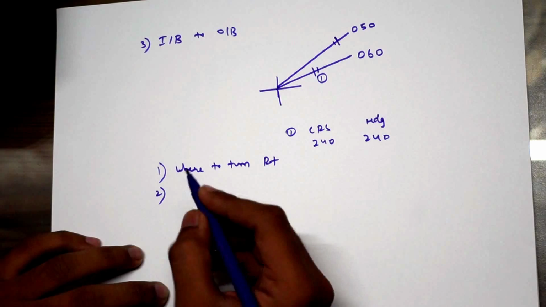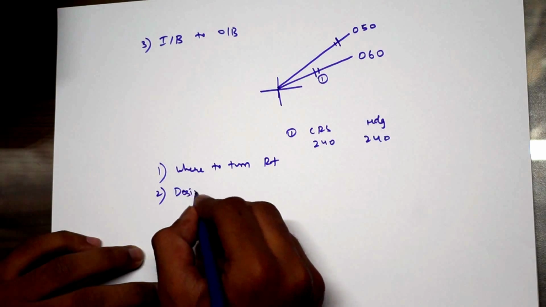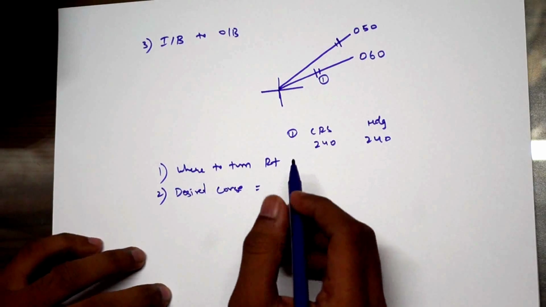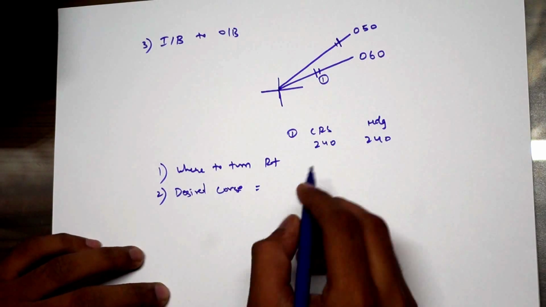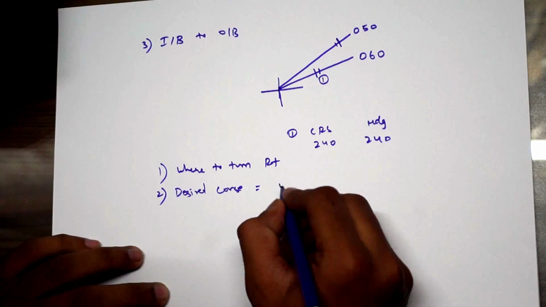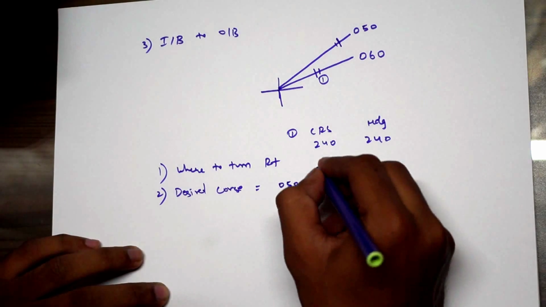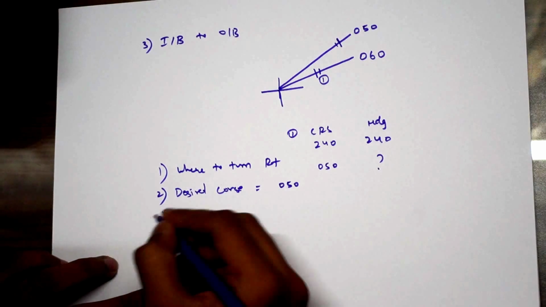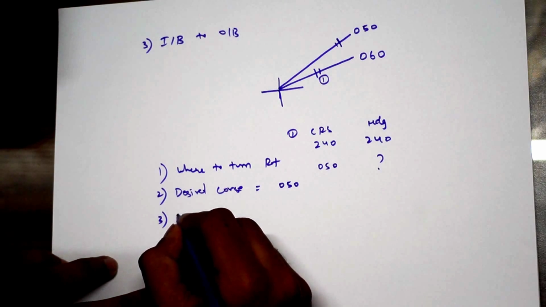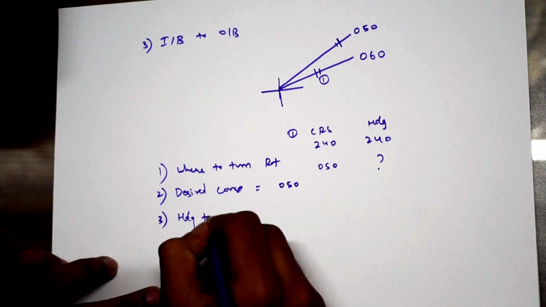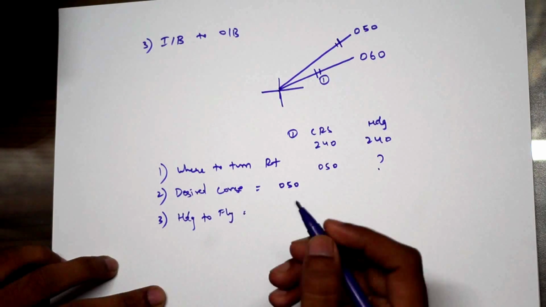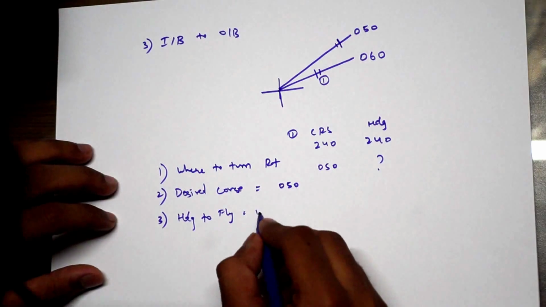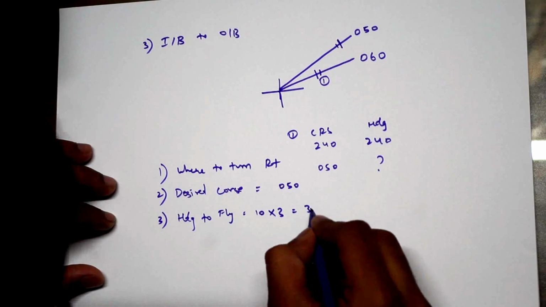Okay, now again, desired course, as I mentioned already, outbound courses are the radials itself. So the desired course will be set is 050, so you'll set 050. You have to find the heading to fly. Third step is to find heading to fly. Same thing again, 60 minus 50, whatever the difference is 10 into 3, 30.